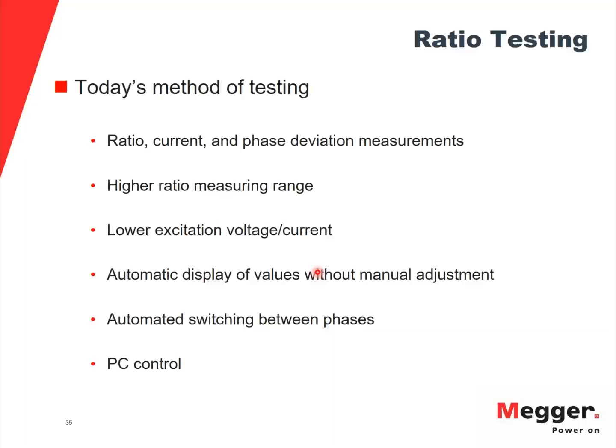It calculates the measured voltage ratio, calculates the transformer voltage ratio, compares it with the measured voltage ratio, gives you the percentage error, compares it with the IEEE standards, and gives you the pass-fail criteria. Everything is done through a computer, so at the completion of the test you have a test report that gives you a clear indication of the condition of the winding.